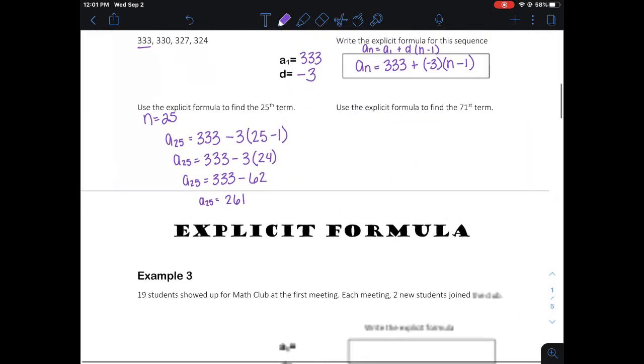Now, notice for this sequence, our numbers are going down. From one term to the next, we subtracted 3 or added -3. So it makes sense that our 25th term is smaller than all the rest of the terms that are listed. If for some reason you get a number that is larger than 333, you probably made a mistake somewhere and you should go back and fix it.